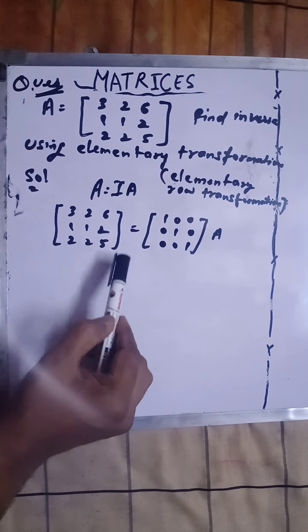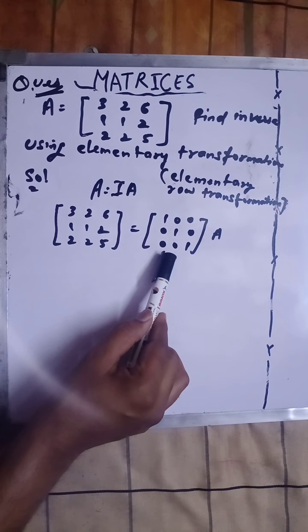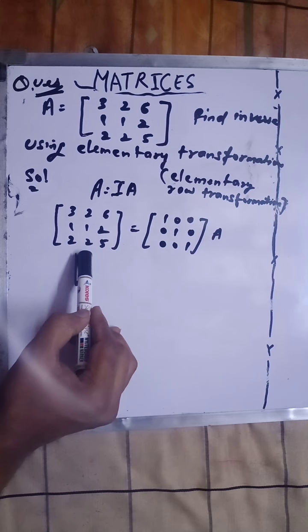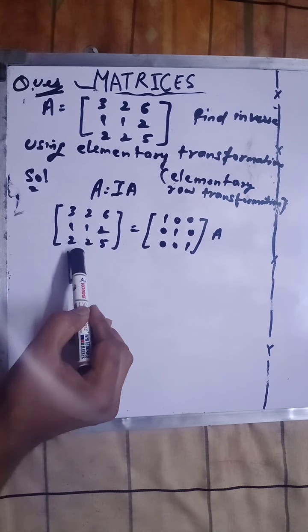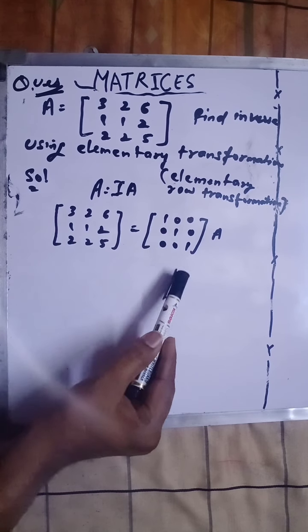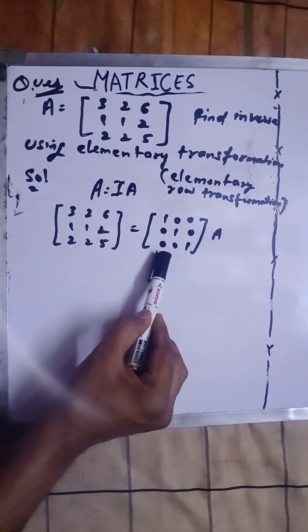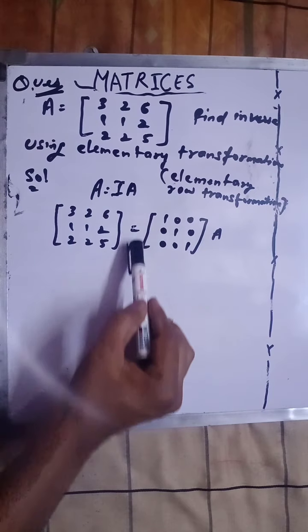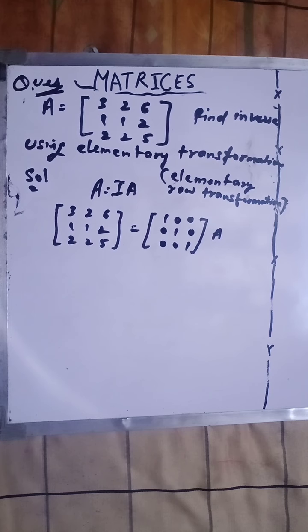And the operation which you will apply in this matrix, you have to apply in this matrix also. Got it? At last, when you get this identity matrix, the matrix which will come here, that would be the inverse of this matrix A.